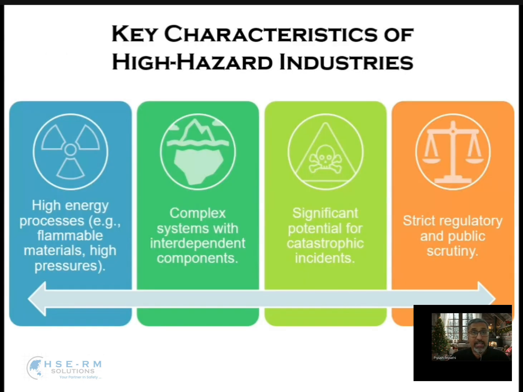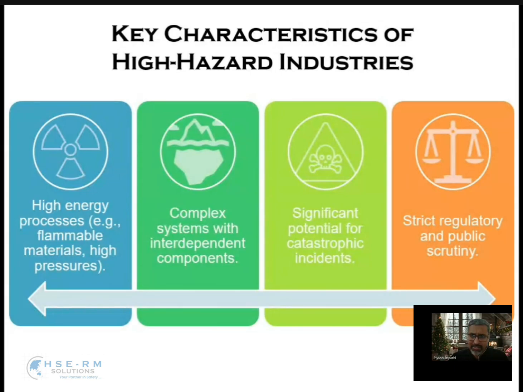So next is the key characteristics of high hazard industry. So what are the key characteristics? First, high hazard industry. Now you start relating whatever I have explained to you. These are the characteristics. So in a high hazard industry, high energy process is there. Flammable materials are there, and high pressure are there.